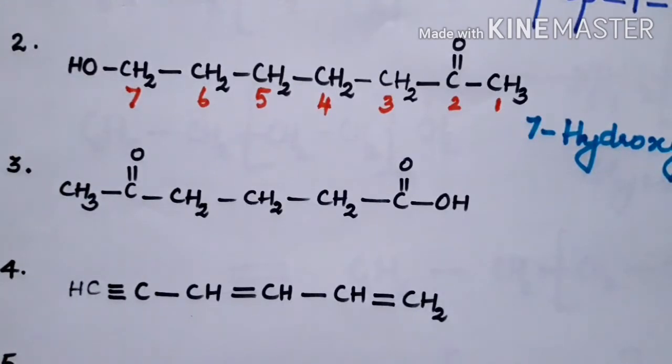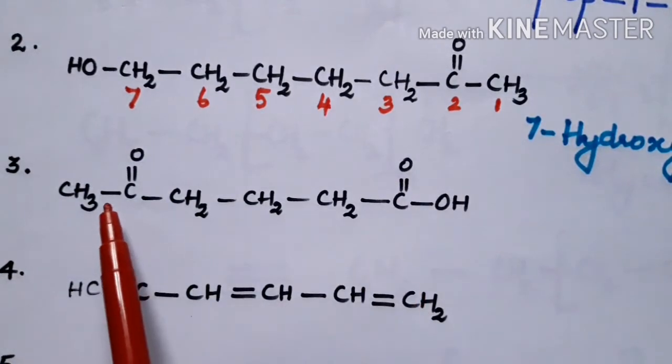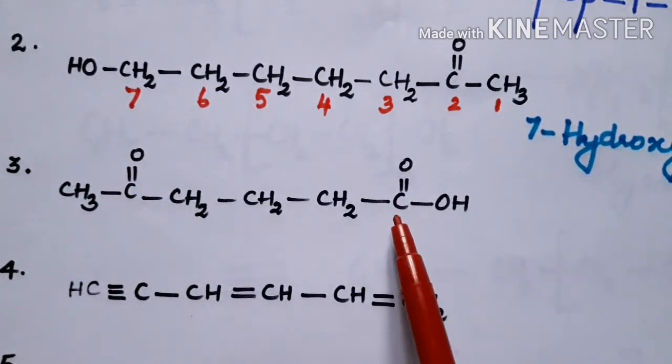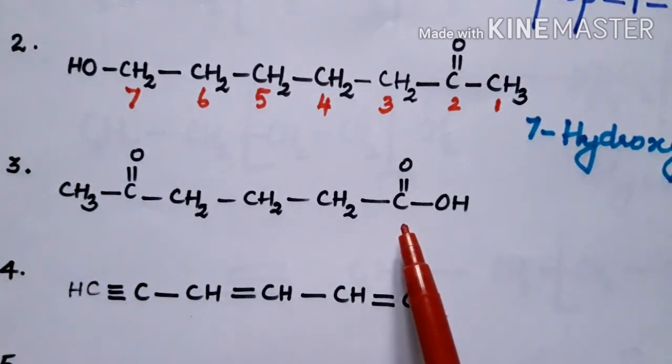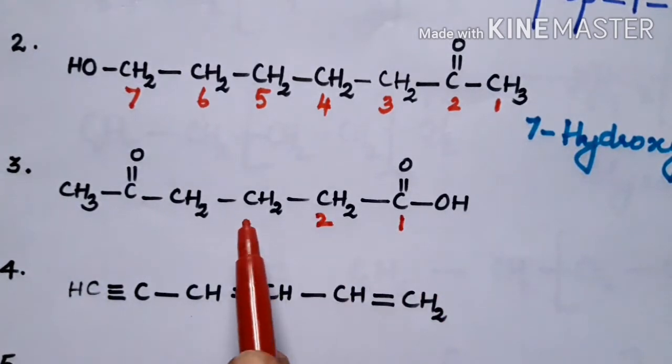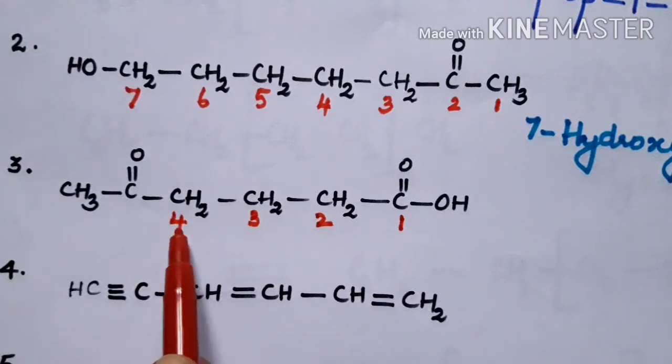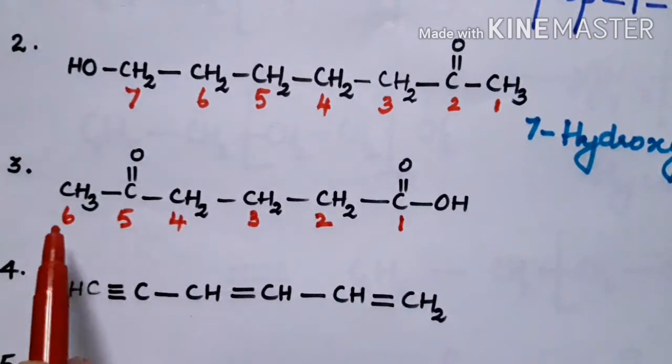On examining the third structure, we have two functional groups here. One is COOH, the other one is CO group. You know that the primary priority should be given to carboxylic acid. So numbering shall start from the right side: 1, 2, 3, 4, 5, 6.